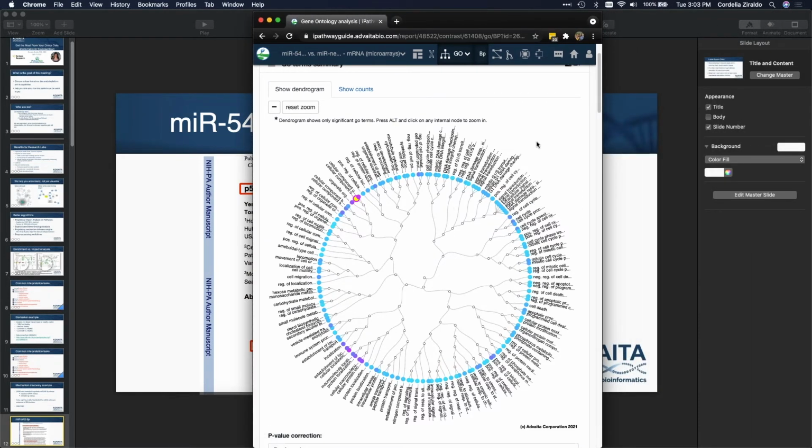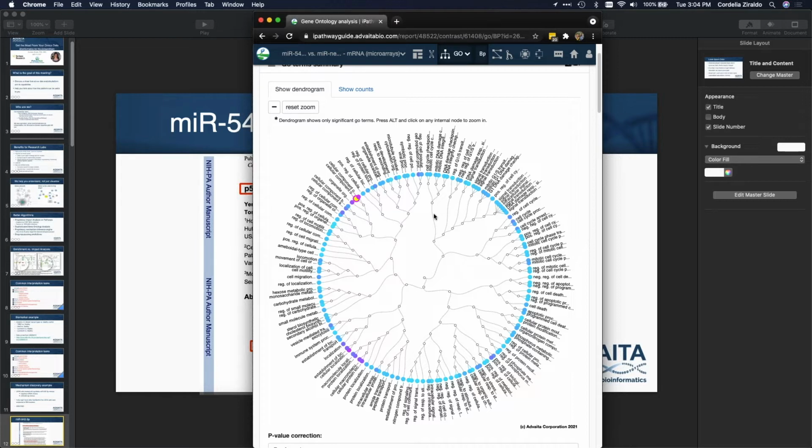So here in the Dendrogram View, you can see that there are actually a couple different pockets of bright pink. So what we have are all of the significant terms according to Bonferroni, and they're arranged so that terms with many common differentially expressed genes are close together. So this is based on the differentially expressed genes in the input data.